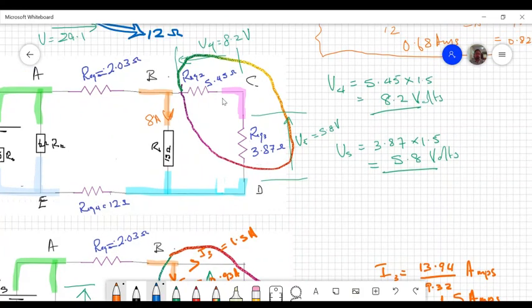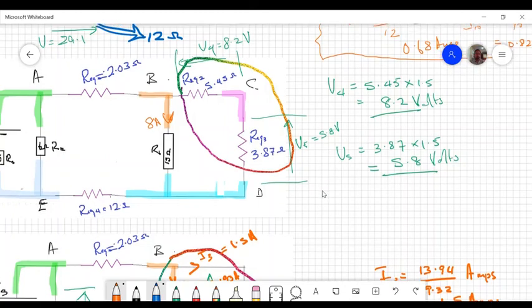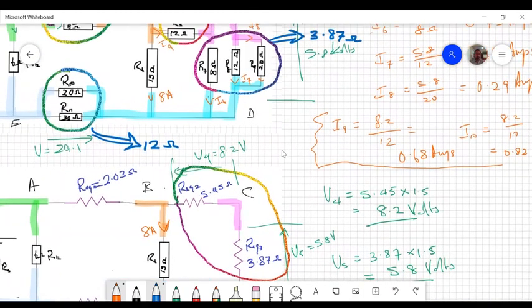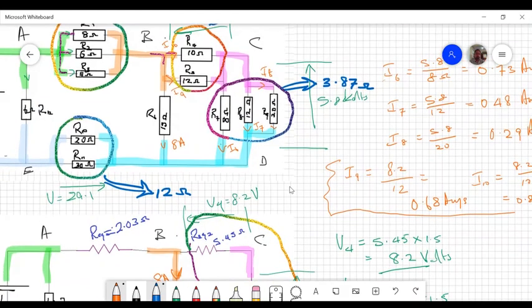Once I can find the current, I know this 3.87 is really those three resistors combined. So whatever voltage is across the 3.87 must appear across all three of them. Whatever voltage is across this 5.42 must appear across the 10 and 12.